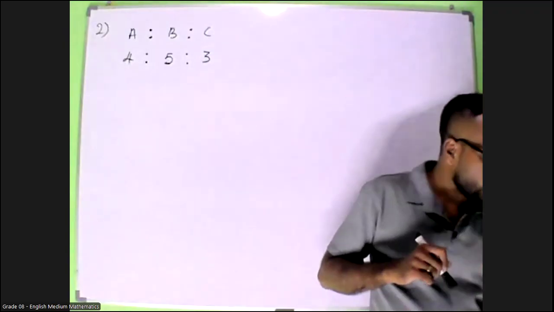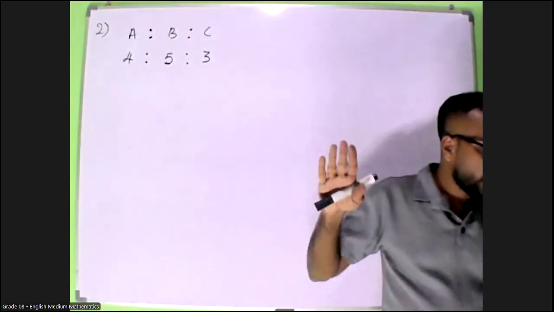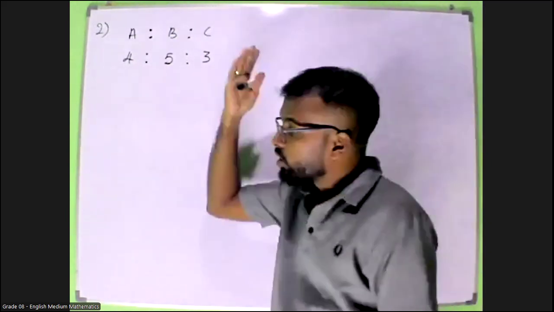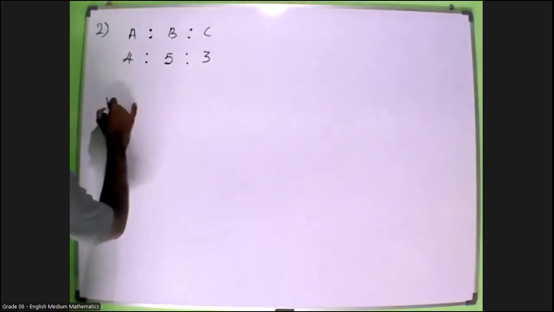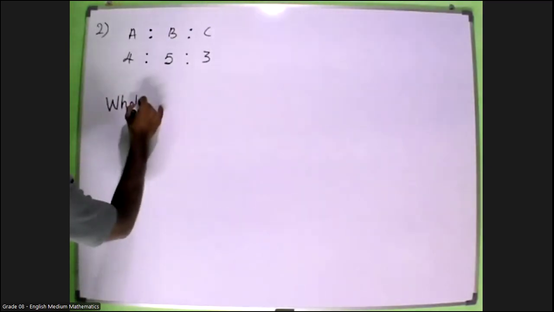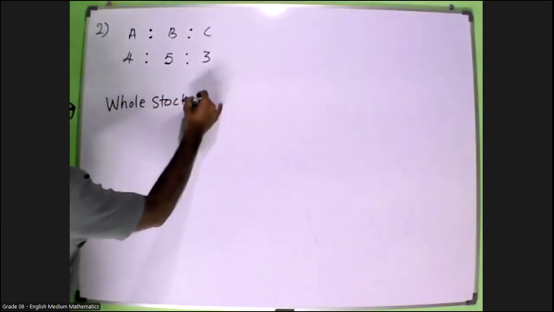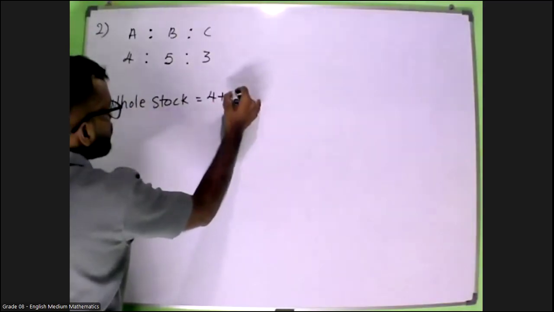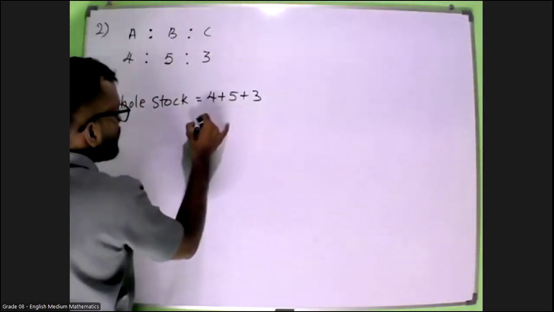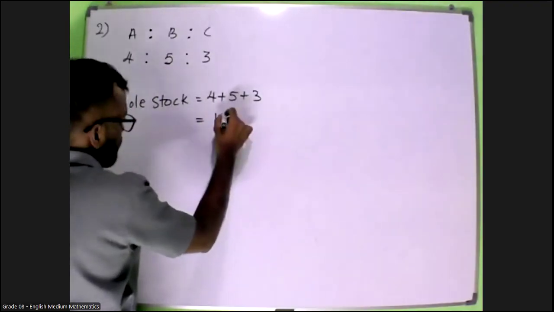Then express separately the quantity of dry rations received by each family as a fraction of the whole stock. What is the whole stock? How to find the whole stock? You have to add the ratio. 4 plus 5 plus 3. It will give you 12.